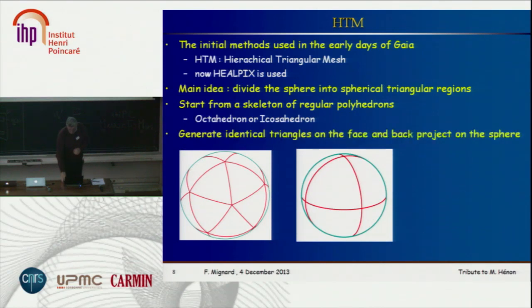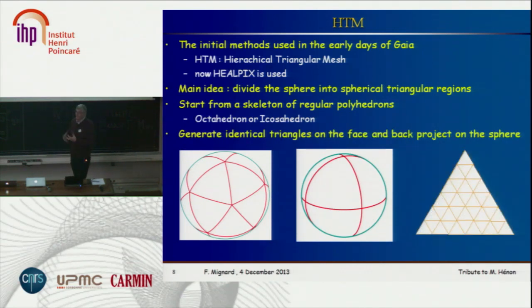And then from that, you divide it on a plane. One of the triangles is projected by central projection onto the sphere into a regular triangle. So it's amenable, obviously, to hierarchical definition. When you project the triangle here, the edges project exactly on the edges here, there are the vertices, sorry, and the edges project along the great circle line.